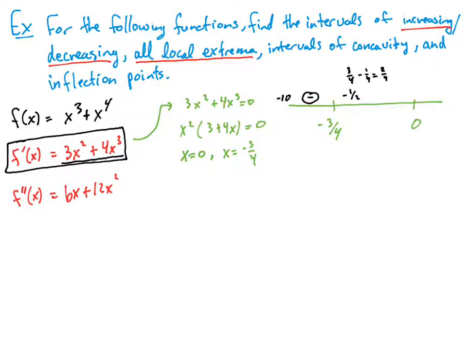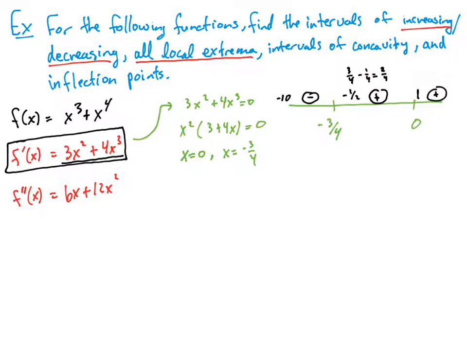So that value is 2/4. We don't really care what that value is, we just care what the sign is, and that's going to be a positive value. And then selecting a value to the right of 0 in this third interval, how about 1? When I input 1 in here, everything's going to be positive, so this will be a positive interval.